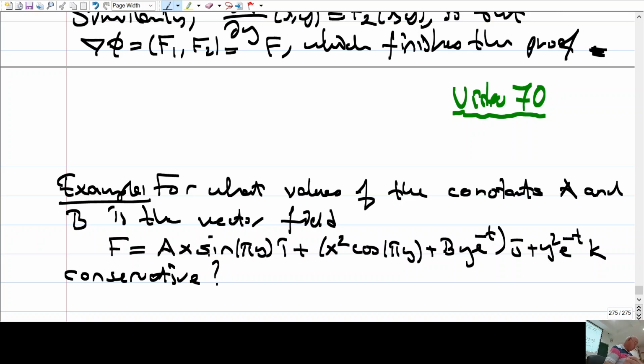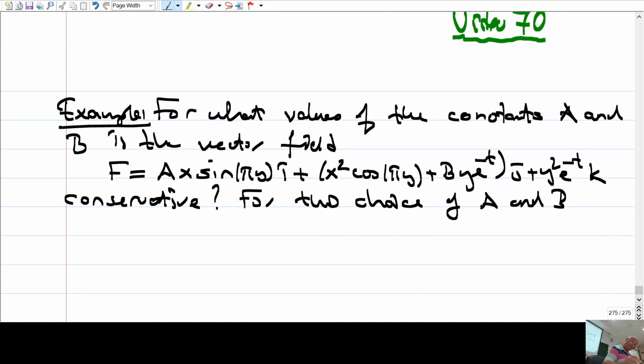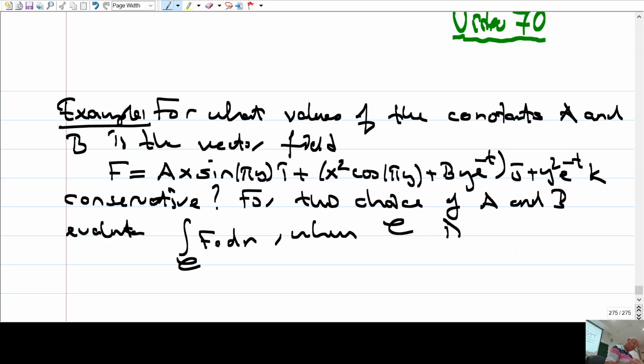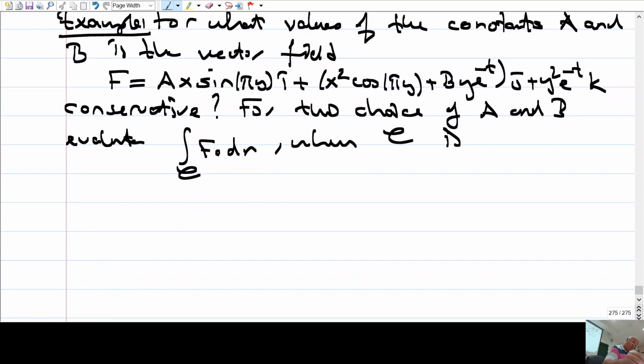For this choice of A and B, evaluate the integral over C of F dot dr, where C has two parts.